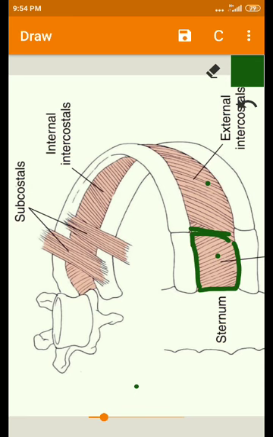Okay, so the parasternals help in the rotation of the costochondral junctions. So here we will not get any movement in the costochondral junction. The movement is taking place in the chondrosternal junction.